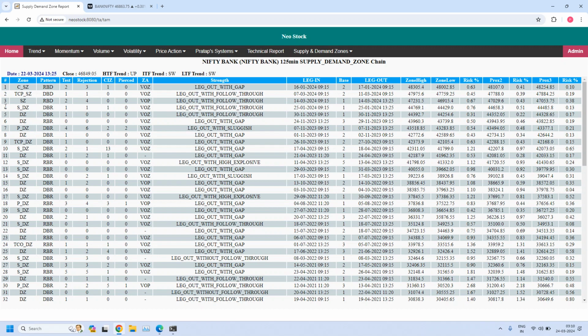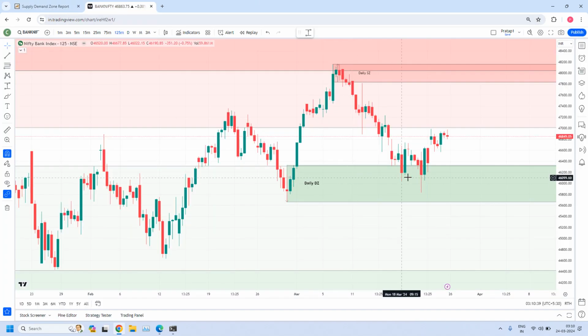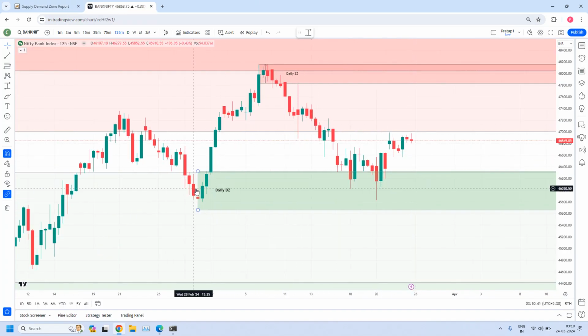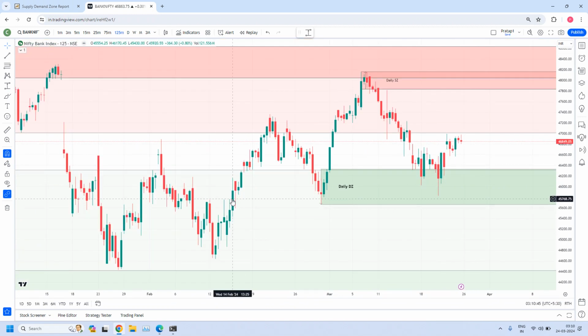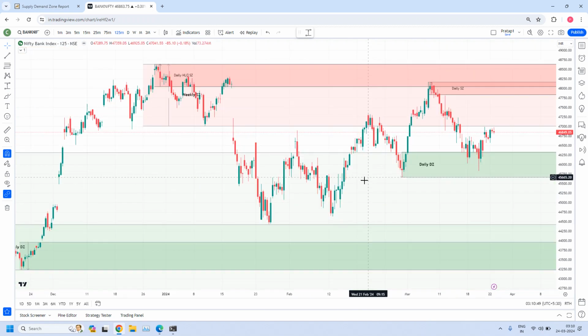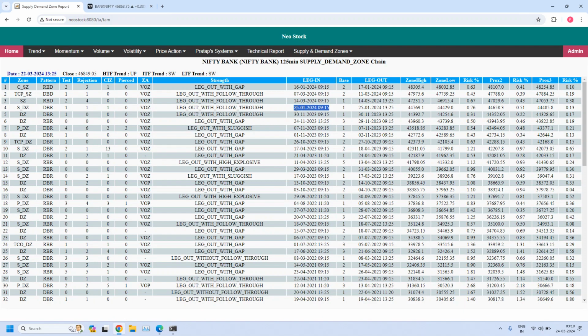So fourth one, this is the most nearest zone. When it is created on 25th January 9:15, one base candle. 25th January, 9:15.